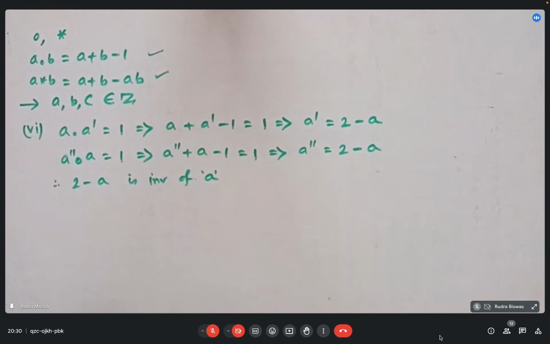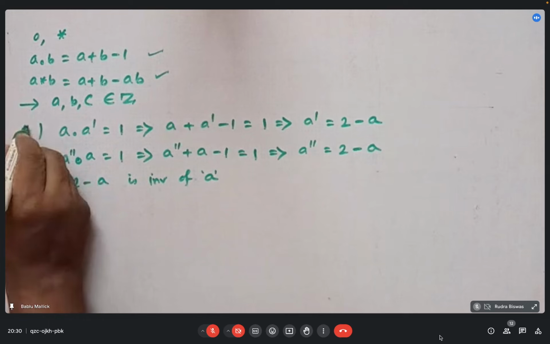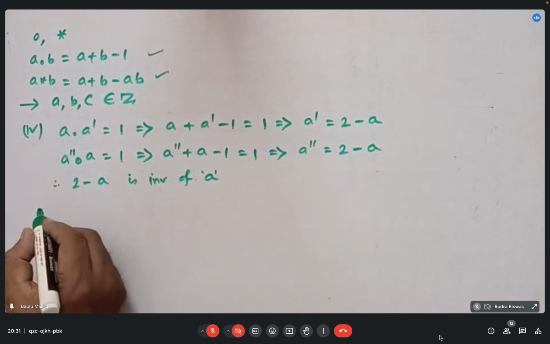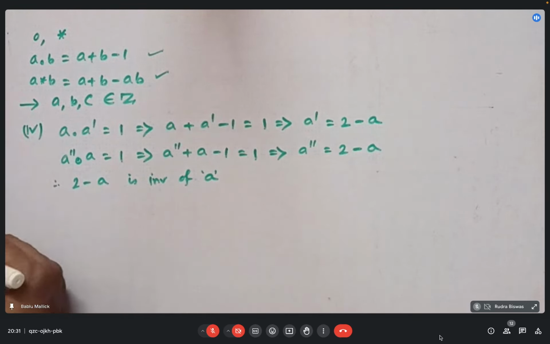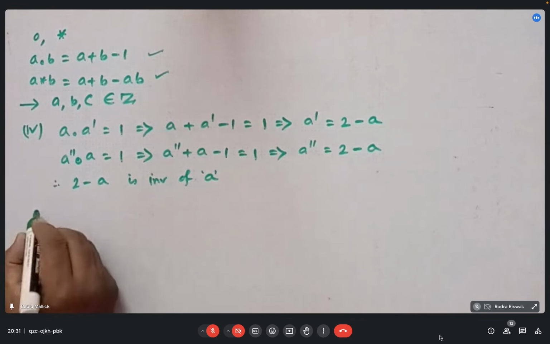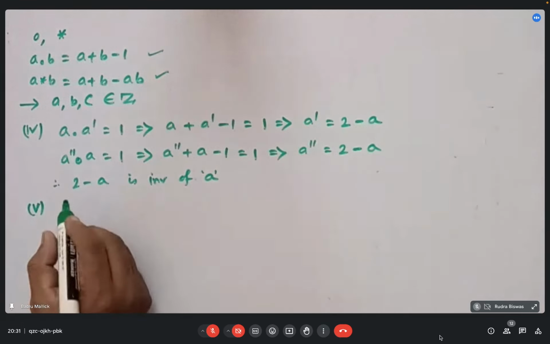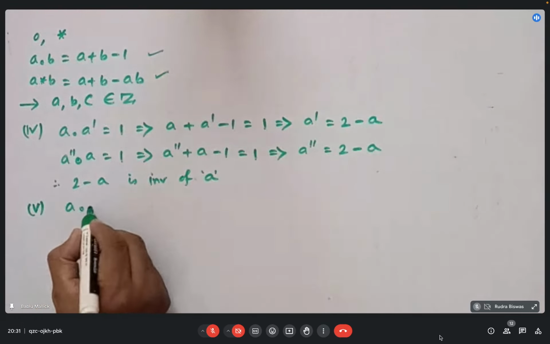Therefore inverse of every element exists in Z under the operation O. Number 5, you have to show this.